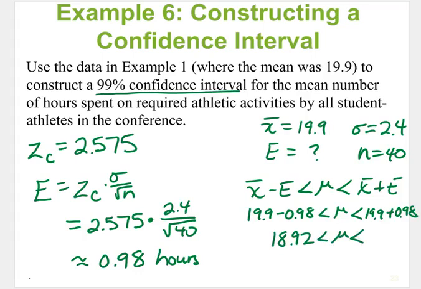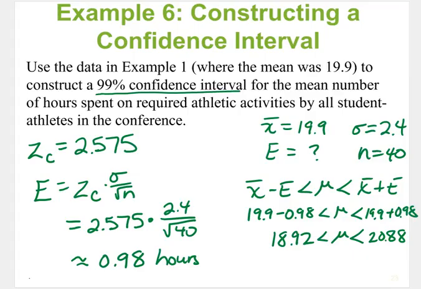And if I add these two, I get 20.88. So I am 99% confident that the population mean of the number of hours spent on the required athletic activities in a week is between 18.9 and 20.9 hours, if I round to the tenth place.